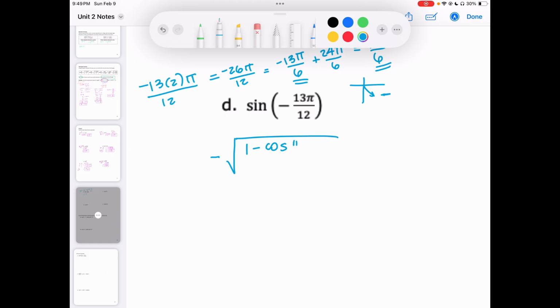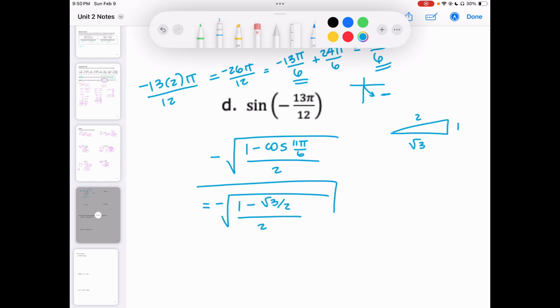And we'll go ahead and simplify 1 minus. So 11 pi over 6, that is going to look like this. Okay, but remember that sine would be negative. In this case, cosine of 11 pi over 6 is positive. It's going to be root 3 over 2 all over 2.